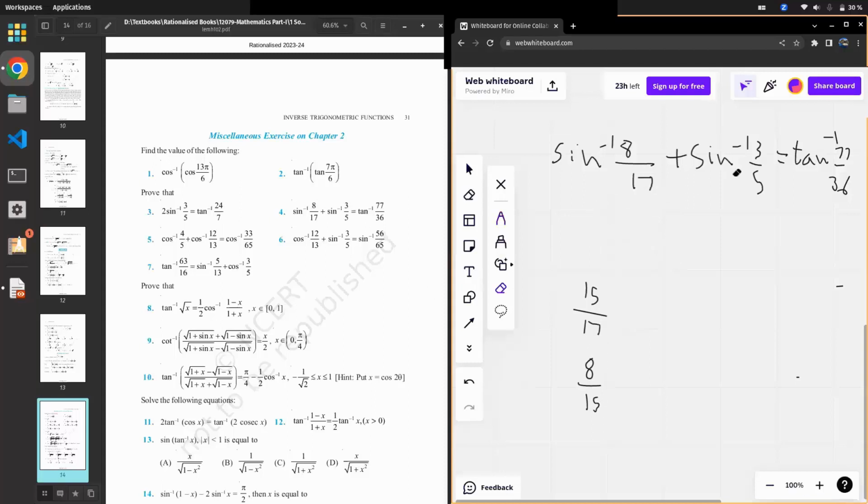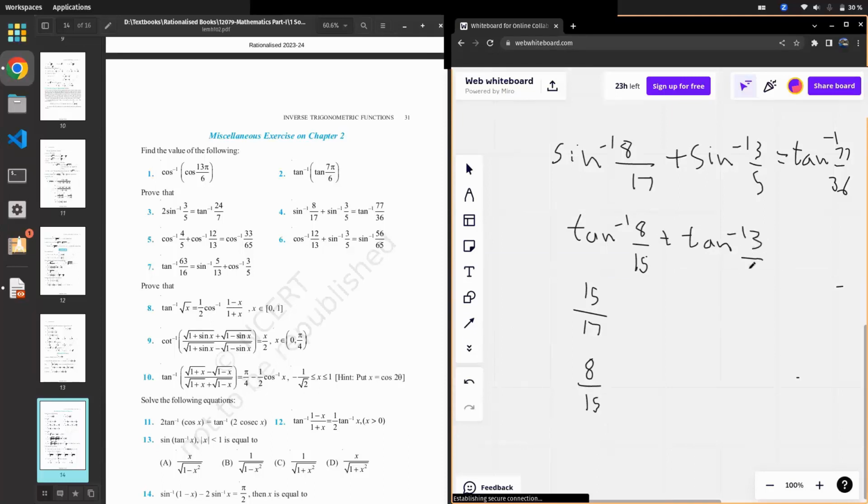Similarly, we will get sin inverse of 3 by 5 is equal to tan inverse of 3 by 4. So we can write this as tan inverse of 8 by 15 plus tan inverse of 3 by 4. And we should check whether it will be equal to tan inverse of 77 by 36.